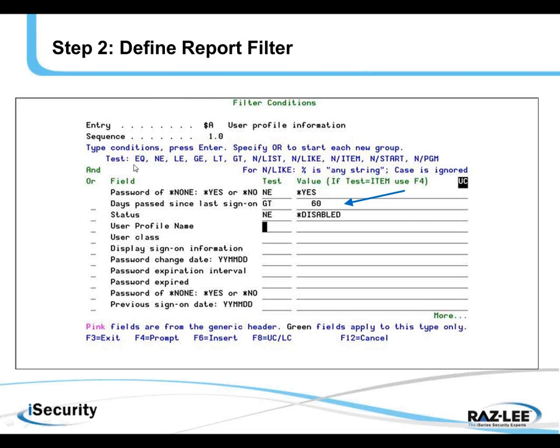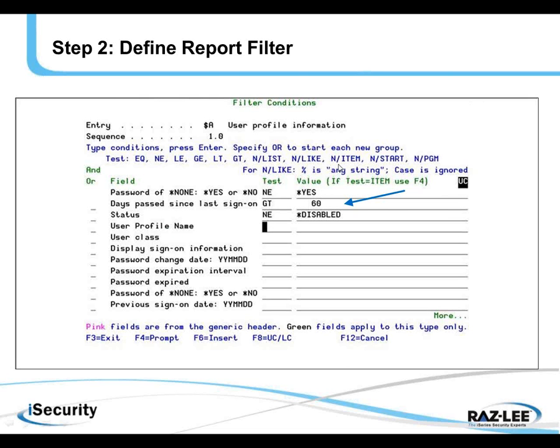In addition to the Boolean operators, we have a list of other operators that we could use. List, not list, for example. User profile name, I can specify list and say the list is user profile A, B, or C, for example. Like, not like, to look for a particular string in the value of a field.